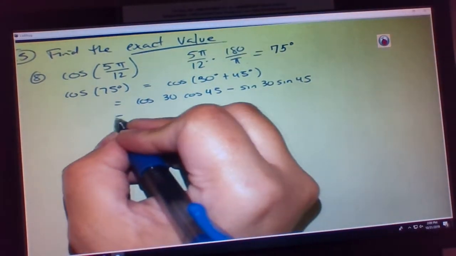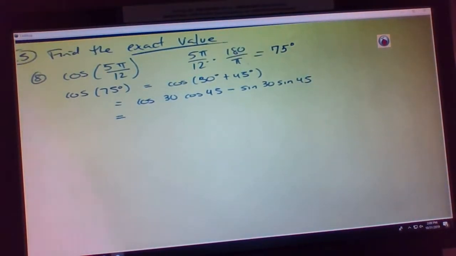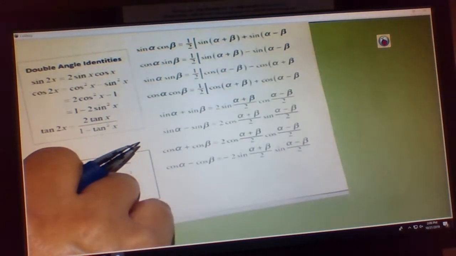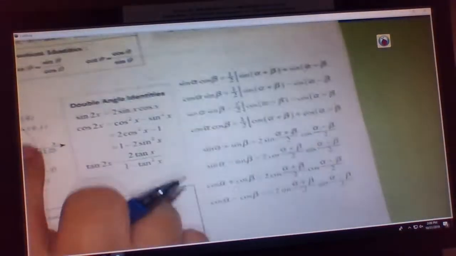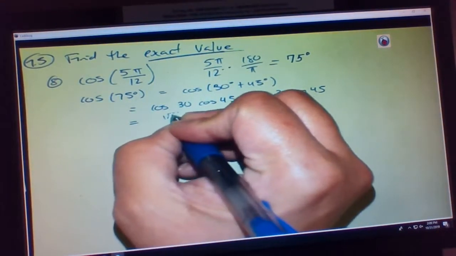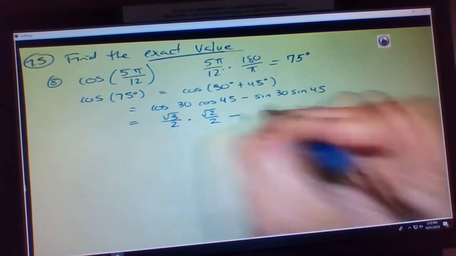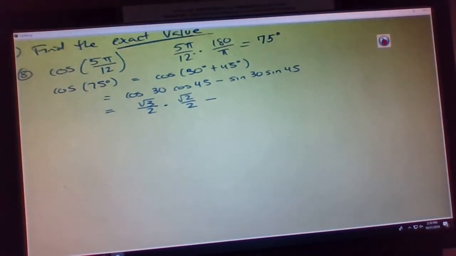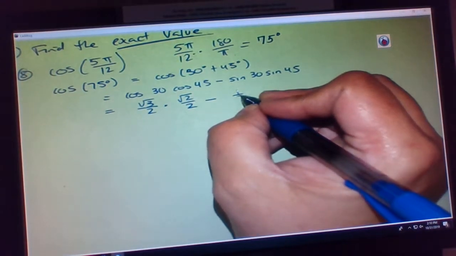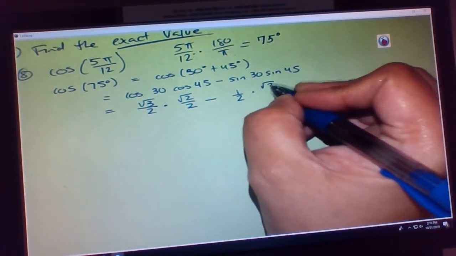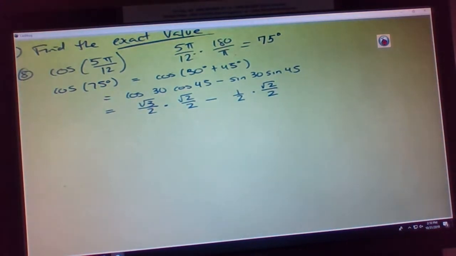So cosine of 30, we're talking about the x of 30, and my answer is square root of 3 over 2. Cosine of 45 is square root of 2 over 2. So square root of 3 over 2 times the square root of 2 over 2. Sine of 30, the y value is 1/2. Sine of 45 is the square root of 2 over 2.